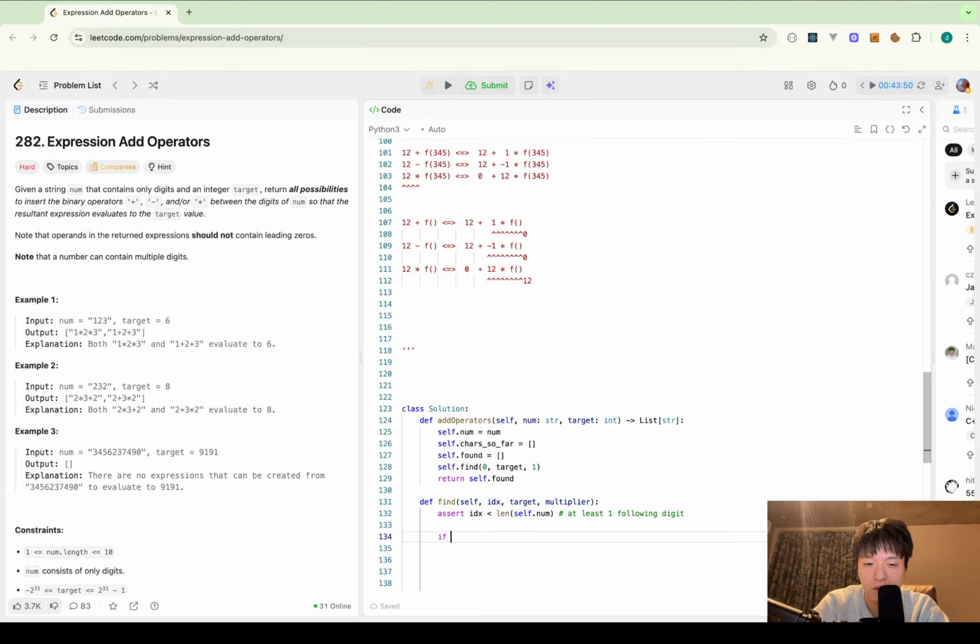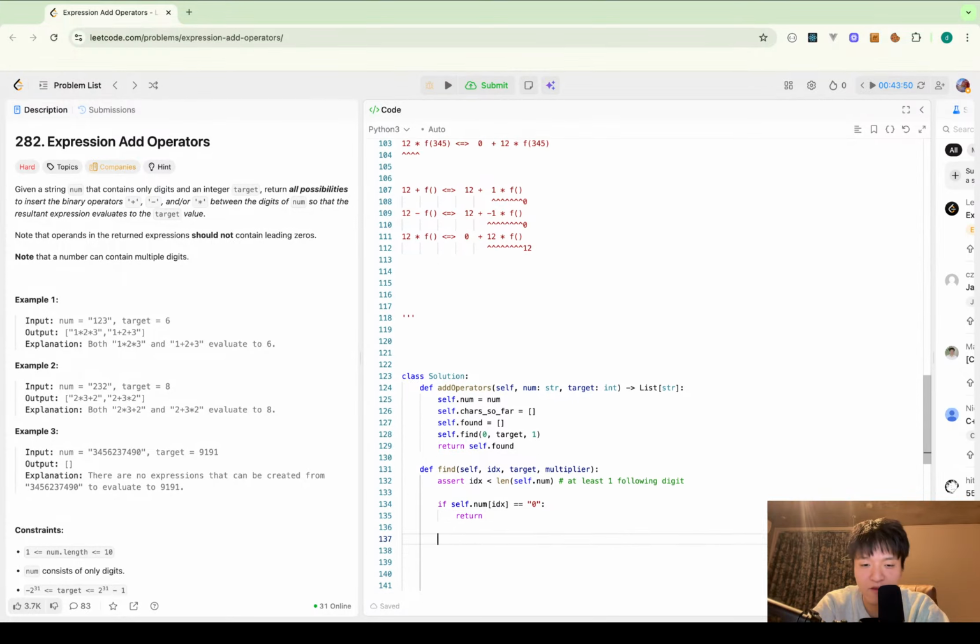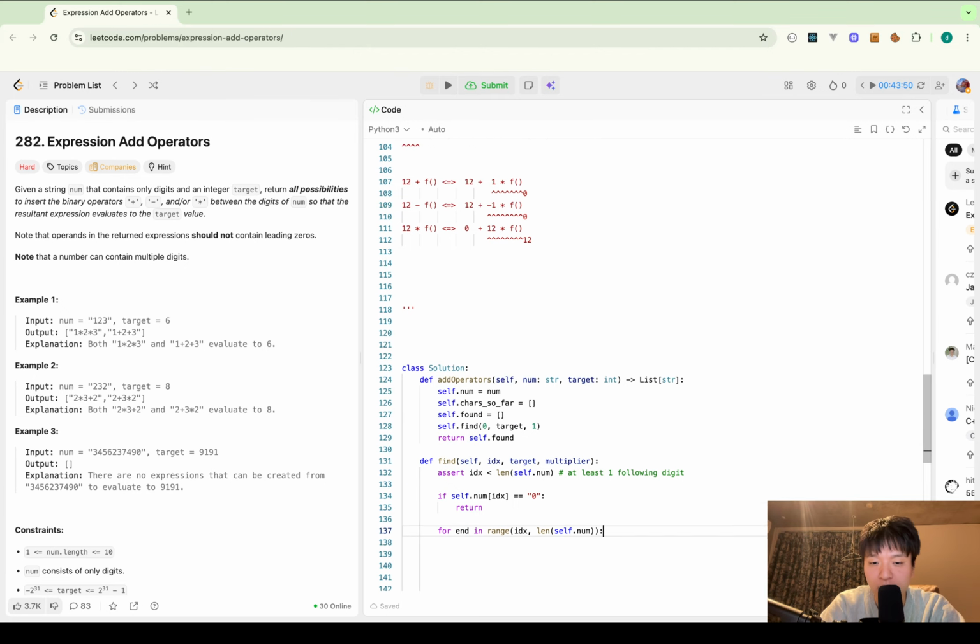So if this index is 0, I have to return because this is the leading 0. Otherwise, I can choose until the end.